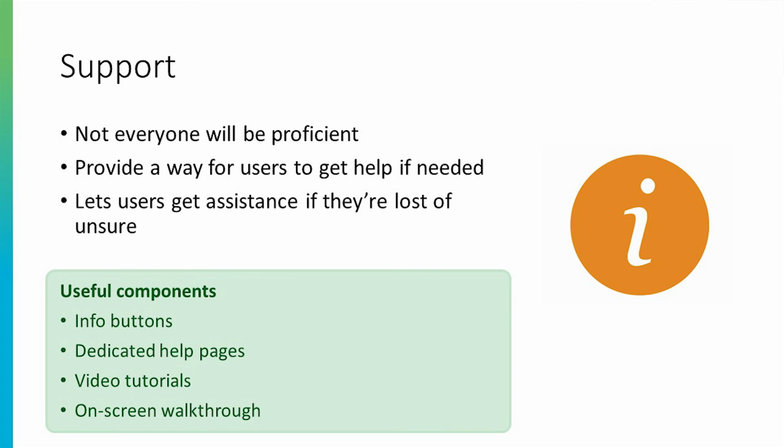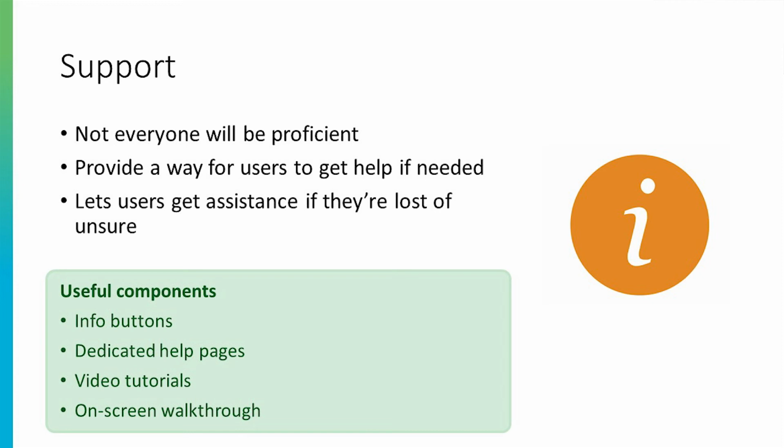Last point that we're going to touch on is support. Not everyone is a professional at using your apps, and not everyone is going to be fully 100% great at it. So you want to be able to include those people in using your apps. A great way to do this is to just provide help, whether it's info buttons or help pages, video tutorials, or even on-screen walkthroughs.